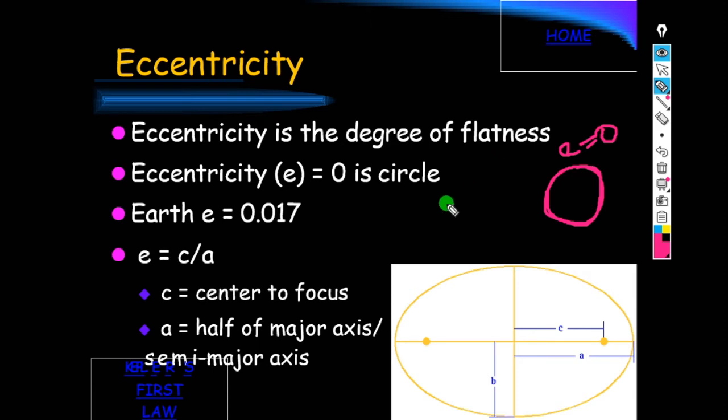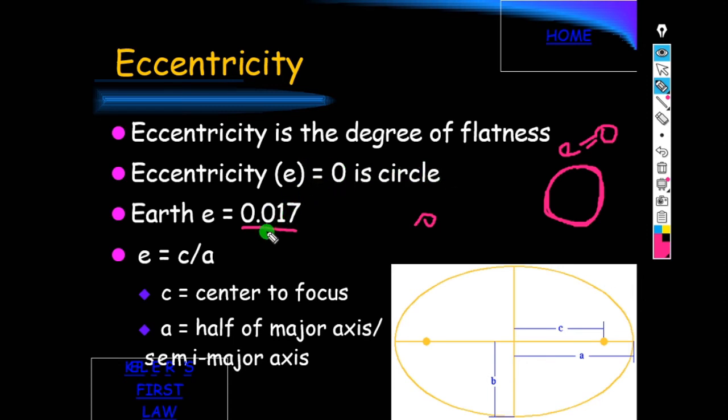But if you see, our Earth has an eccentricity of 0.017. That means our Earth is a little bit elliptical. It's not exactly a circle. Only when E is equal to 0 will it be a circle.